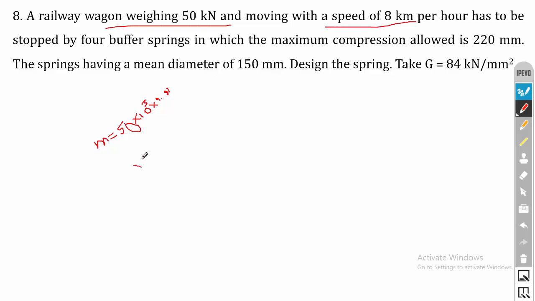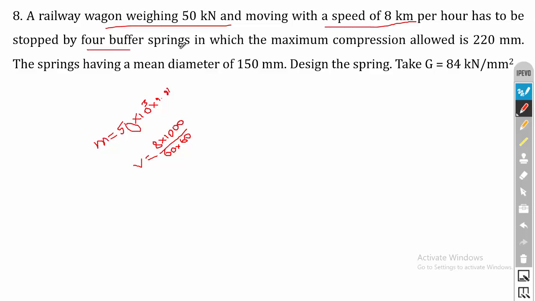Here the velocity is given in kilometer per hour, but we have to convert it into meter per second. So it is 8 into 1000 for converting kilometer into meter, then divided by 60 for converting hour into minute and 60 for converting minute into seconds.